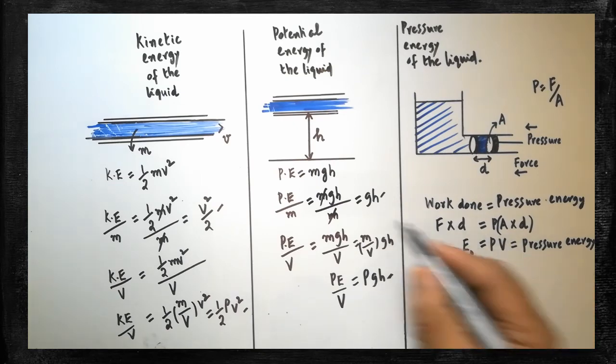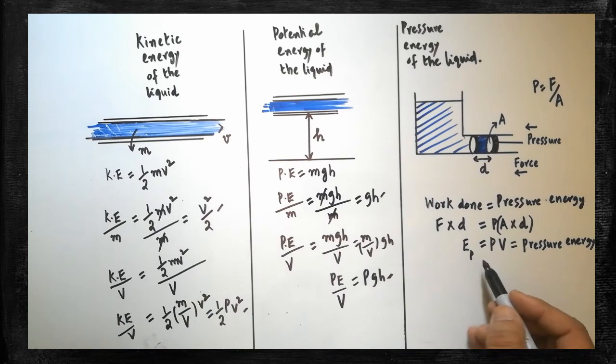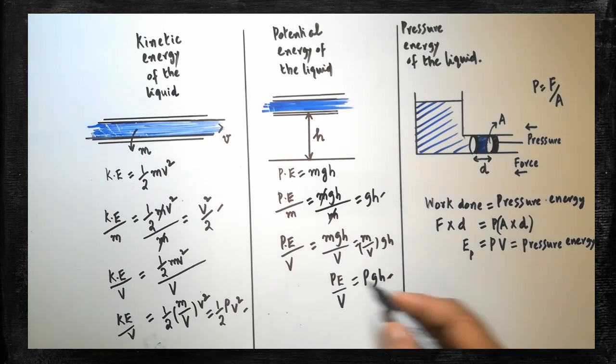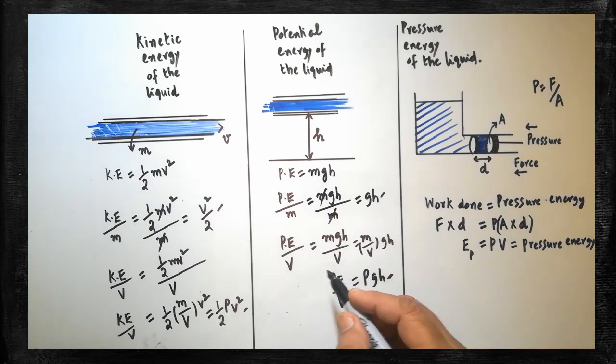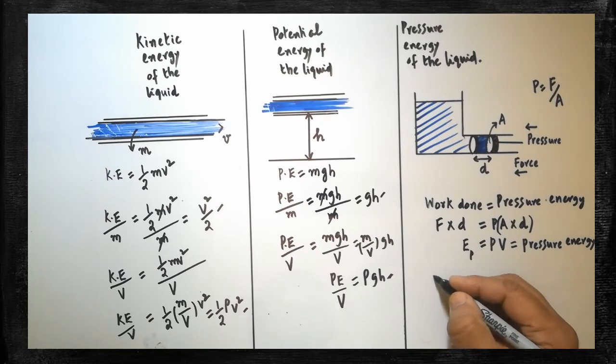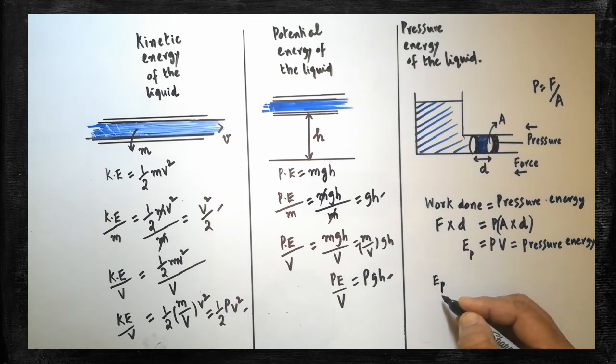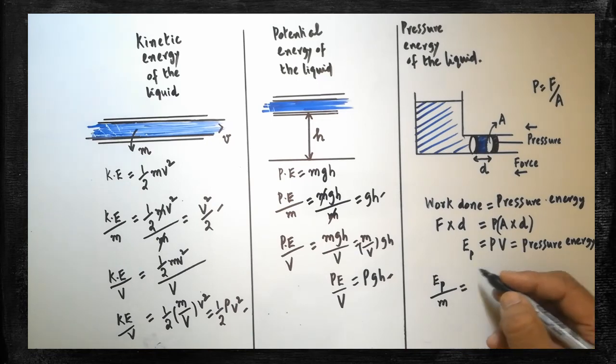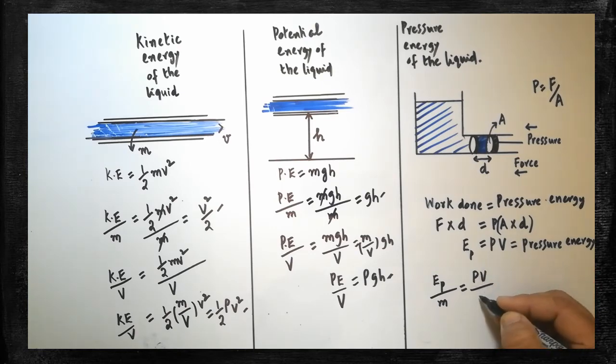This is potential energy, this is kinetic energy, and this is called pressure energy. As we calculated earlier, here also we have to calculate pressure energy per unit mass. The pressure energy expression is P into V divided by M.